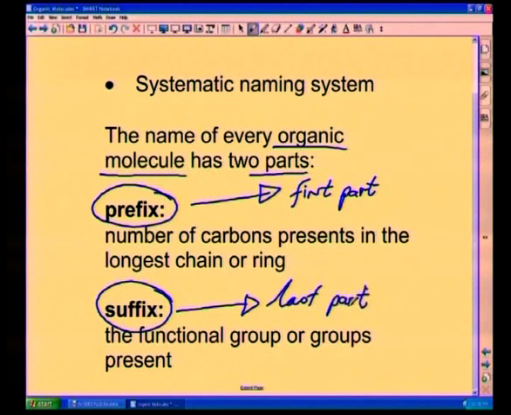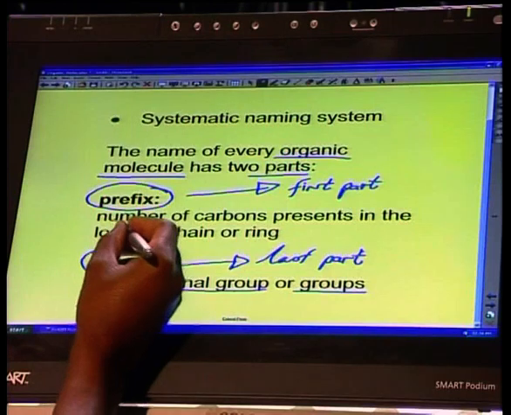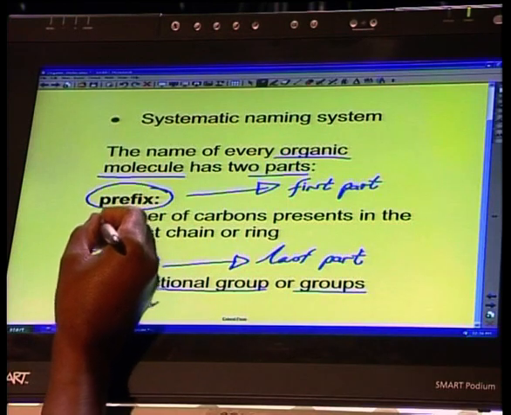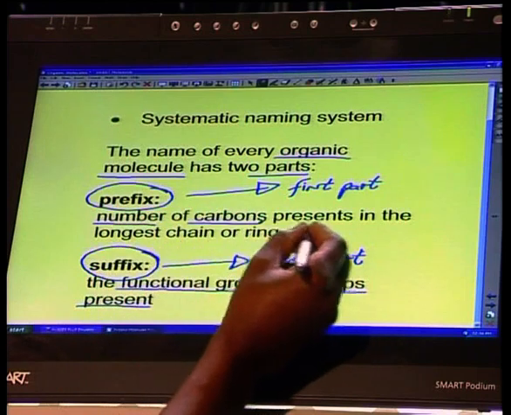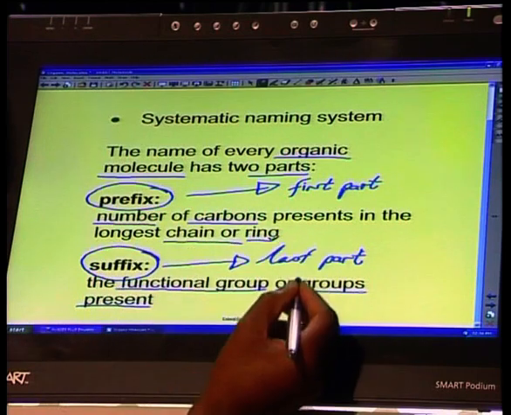Now, this last part usually will tell you about the functional group of that particular molecule, where it belongs, or the groups present in that substance. The prefix will tell you the number of carbon atoms present in that long chain or ring of the carbon, or that particular hydrocarbon.